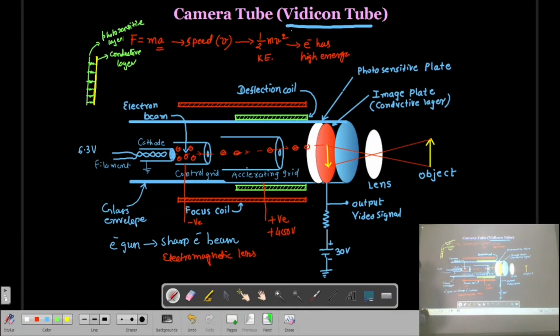This photoconductive layer is connected with some resistance and with some voltage, roughly 30 volts. The electron beam, let us say it is incident here, and you can see this electron beam is coming out from the cathode, and the cathode is connected to the ground. So whatever electron beam is coming out is at ground potential.